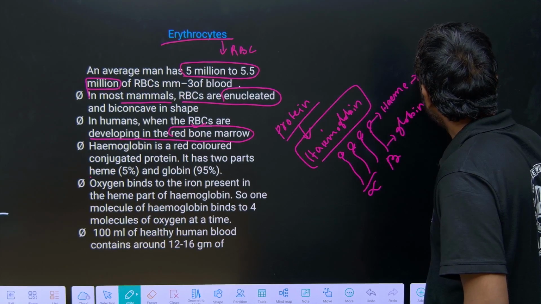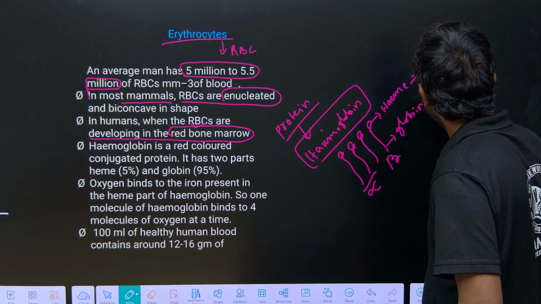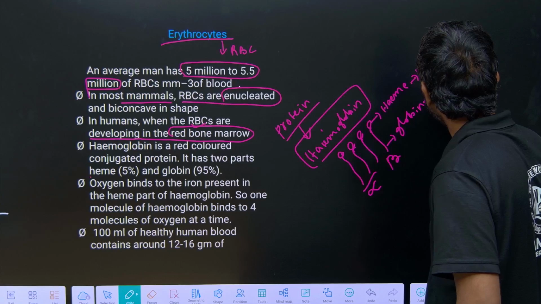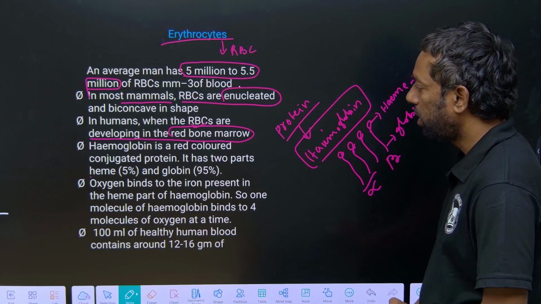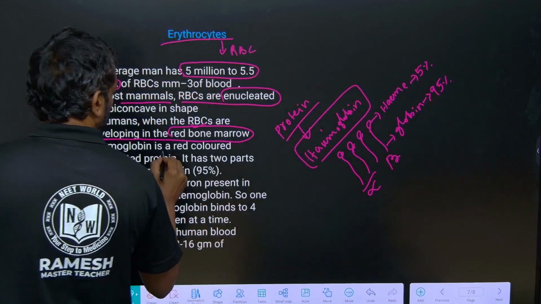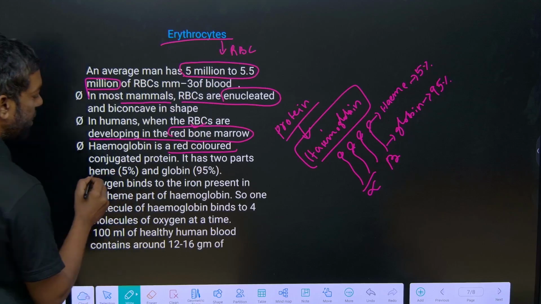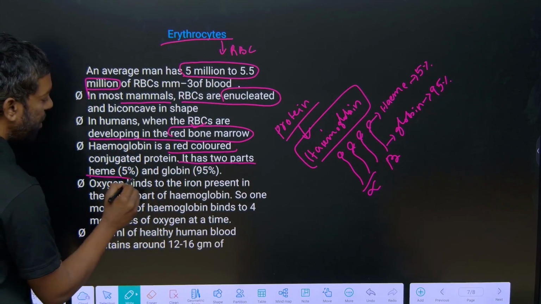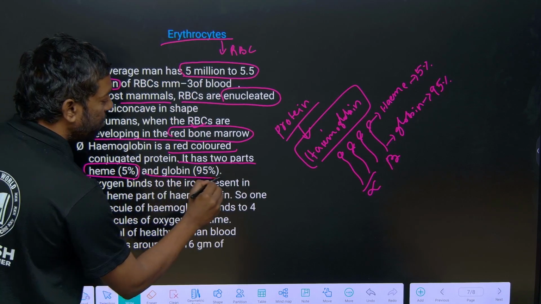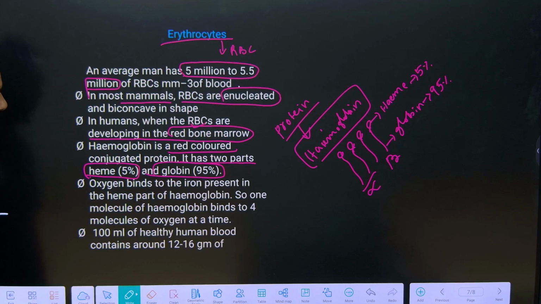Hemoglobin is a red pigment with two parts, heme part 5% and globin part 95%.